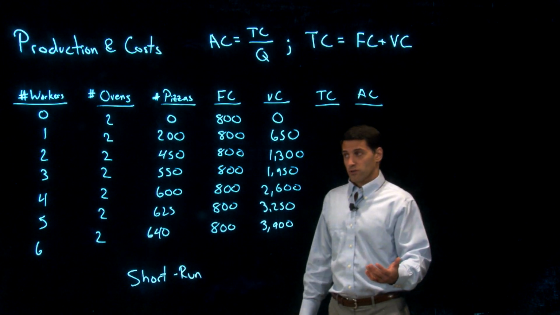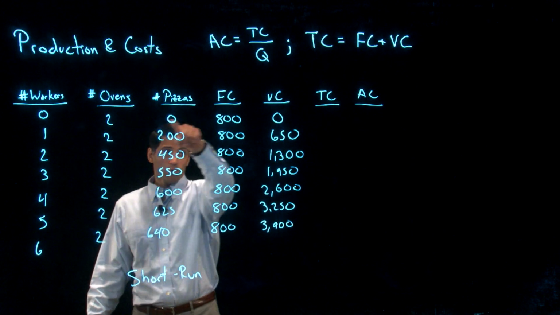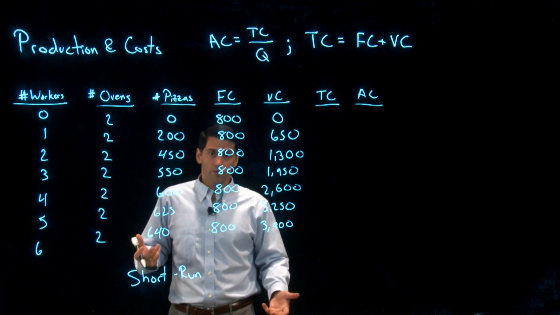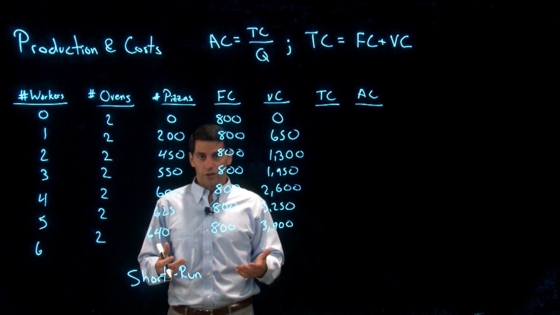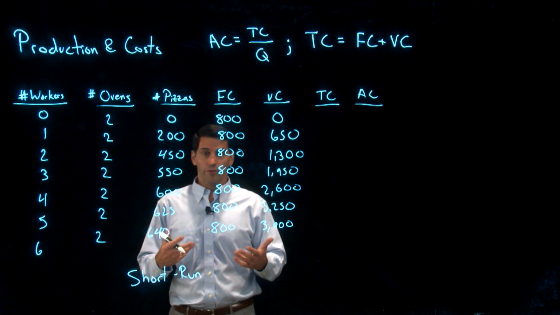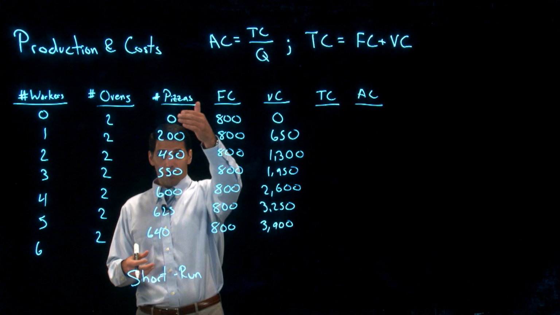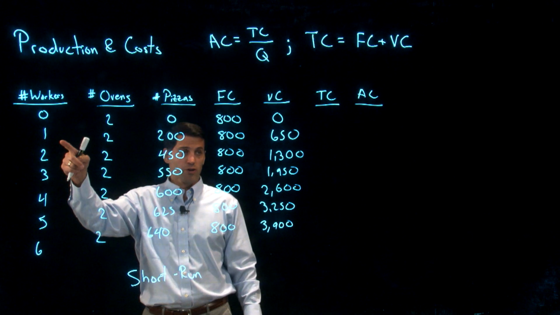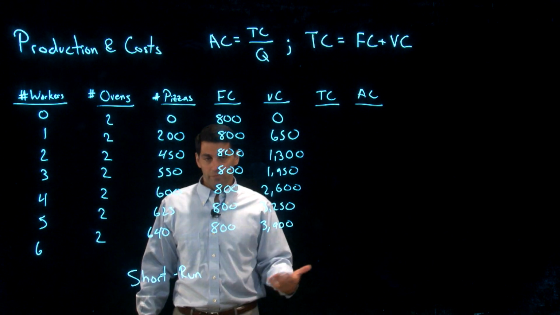What does change, of course, is my labor cost. If I don't have any workers, then my variable cost of production is 0. And why are we calling it a variable cost? Because in the short run, the cost varies with the amount of output. If I want to go from 0 to 200 pizzas, I have to hire a first worker, and I'm paying that worker, say, $650 per week.